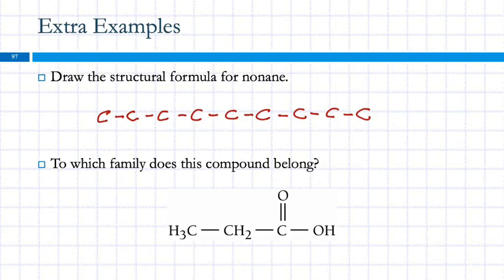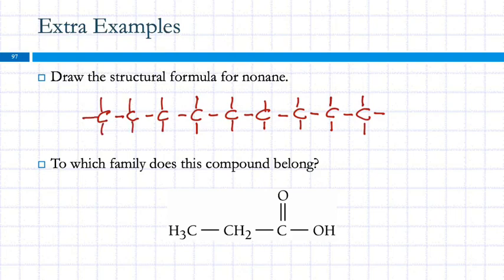So then, all of these carbons need 4 bonds. And so the extra bonds are going to be with hydrogen. Well, nonane is a hydrocarbon. It just has carbon and hydrogen.